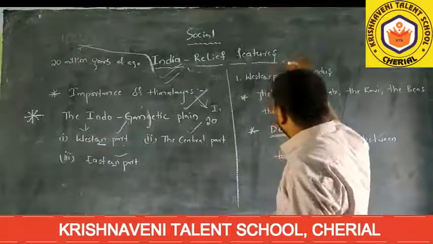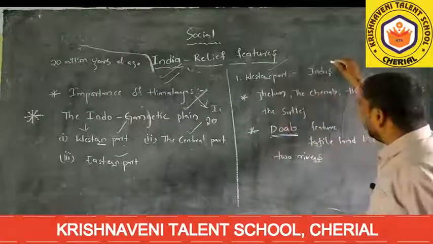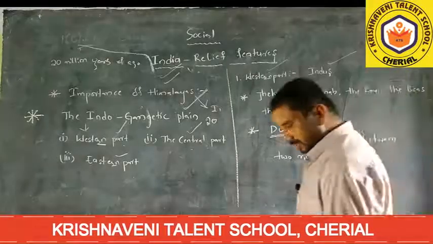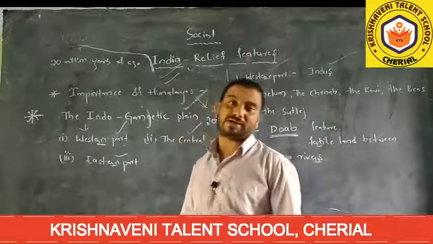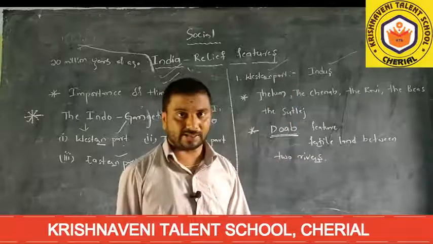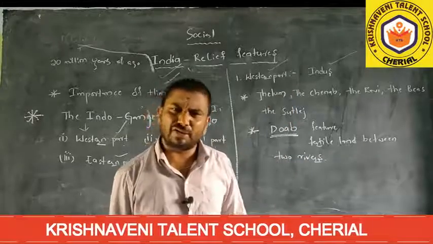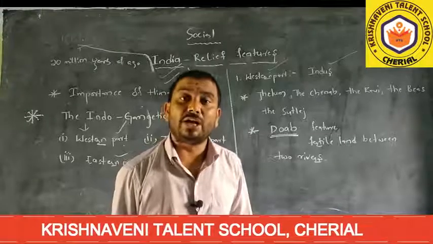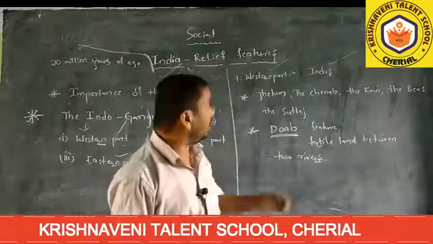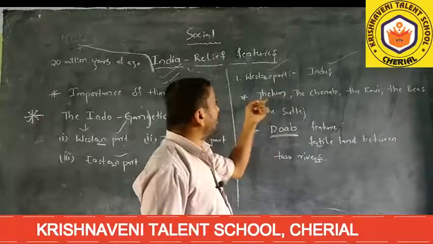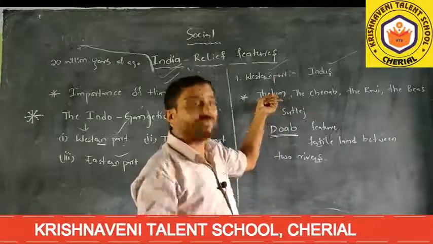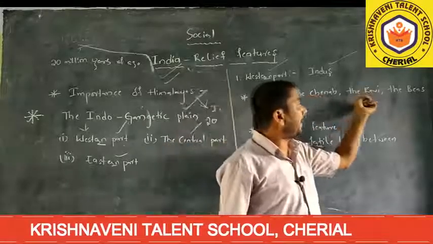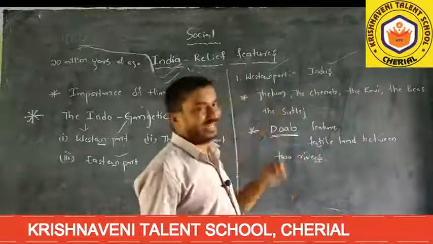The western part of the Indo-Gangetic Plains is formed by the Indus River and its tributary rivers. What are the tributary rivers, sir? The Indus River's tributary rivers are Jhelum, note down, Jhelum, Chenab, Ravi, Bias, Sutlej.